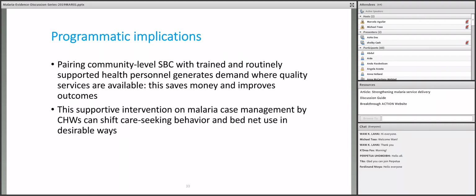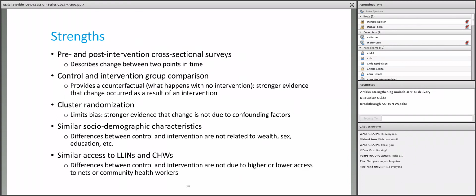And the intervention on the community health workers clearly showed a shift from untrained to trained provider in timely care seeking, as well as prevention activities in terms of regular use of bed nets. The strength of this study was, well, it was a randomized controlled trial at the cluster level.